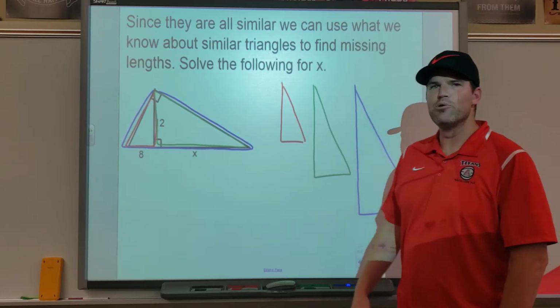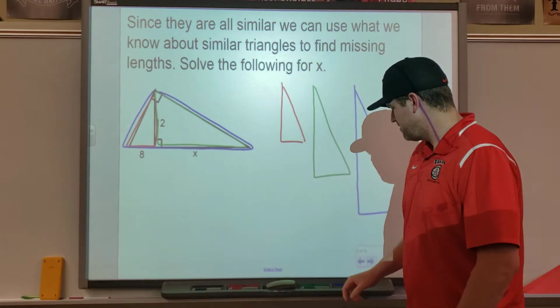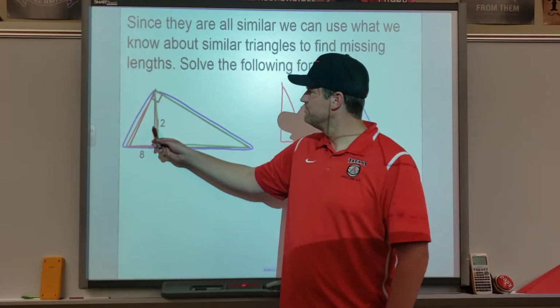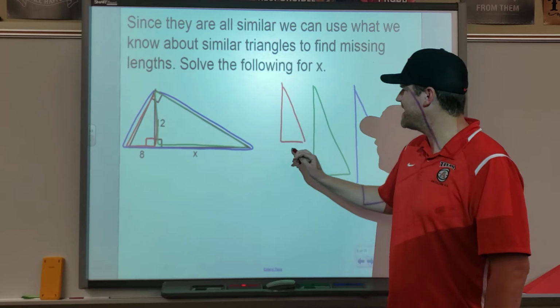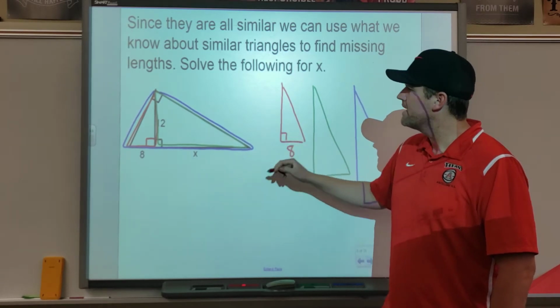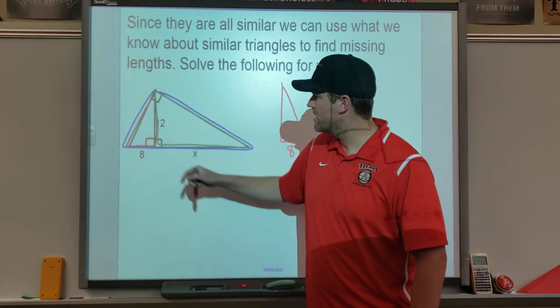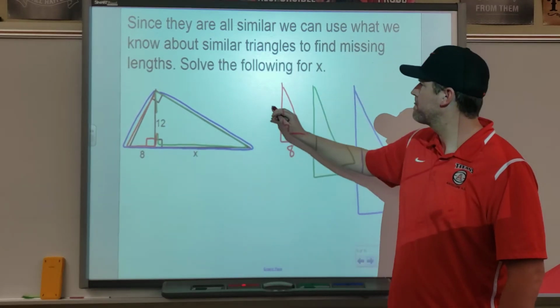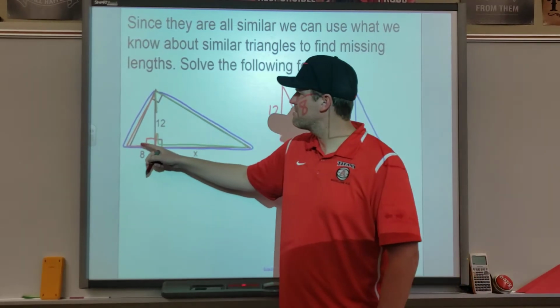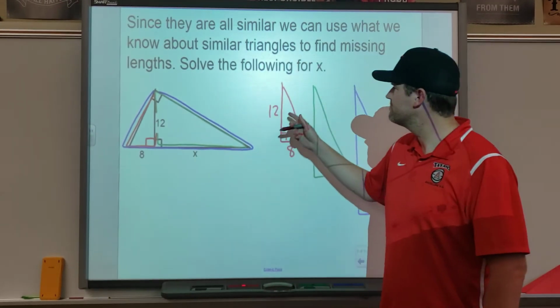And now I'm going to label the pieces that I know. So if I go to my little triangle, I know that the short leg had a length of 8. And I know that this longer leg right here had a length of 12. The hypotenuse of this little triangle, I don't know, so I'm not going to mark it.